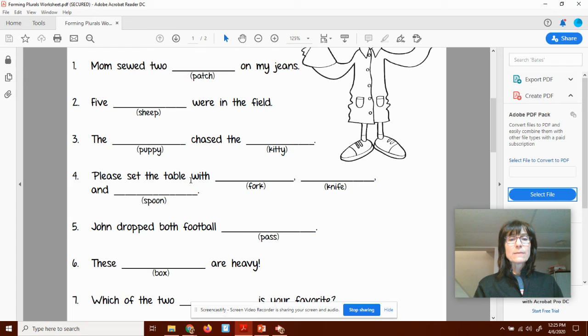Please set the table with fork, knife, and spoon. Forks. I simply add an S. Knife. Take that F, get rid of it, change it to a V. So I have knives. And spoon simply becomes spoons.